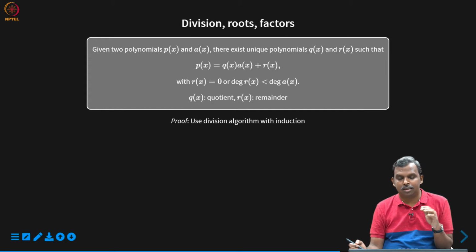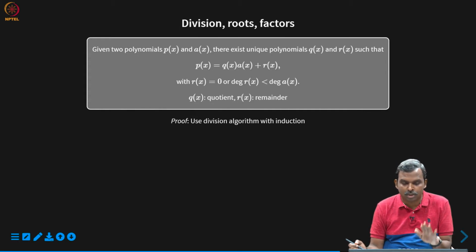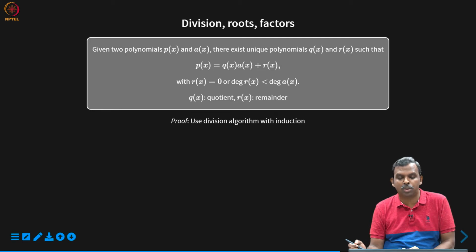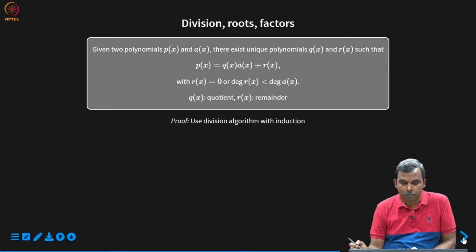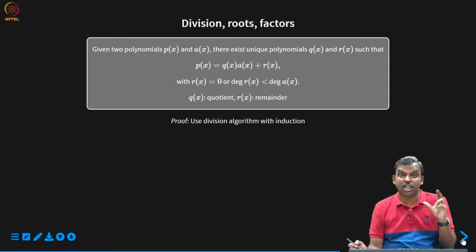One way of proving uniqueness is to assume there are two different ones and then show that they are the same. So that is the division algorithm. This is an important construct for us: for p of x, there always exist q of x and r of x such that p of x is like this.